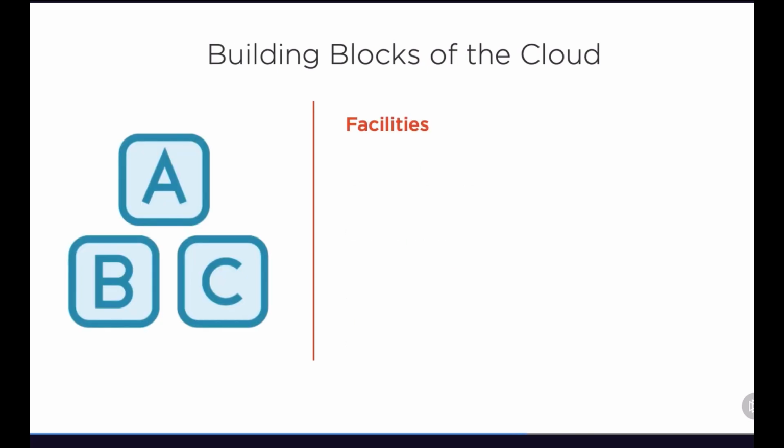So the building blocks of the cloud, the building that our systems are running in. And of course, that requires clean, reliable power, heating, ventilation, air conditioning, and of course, physical access controls.